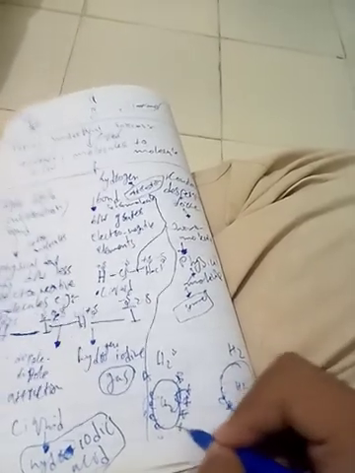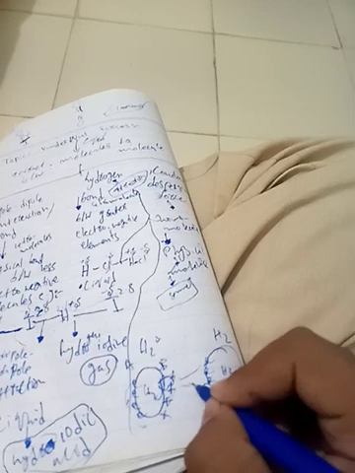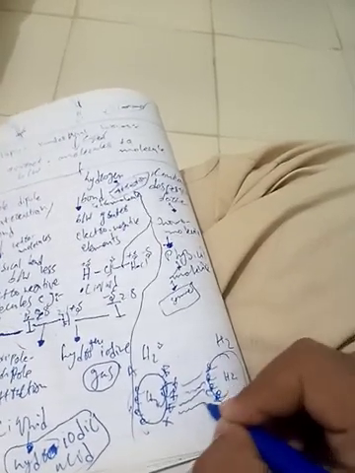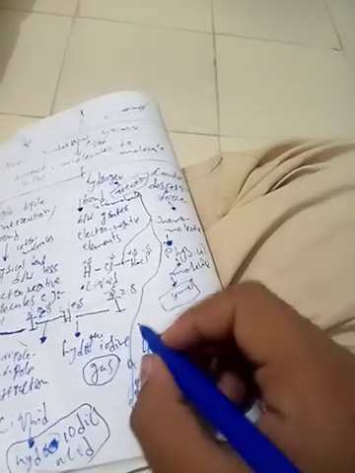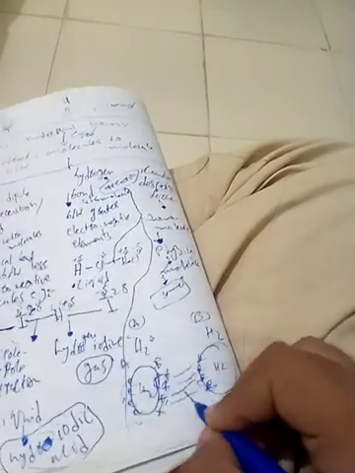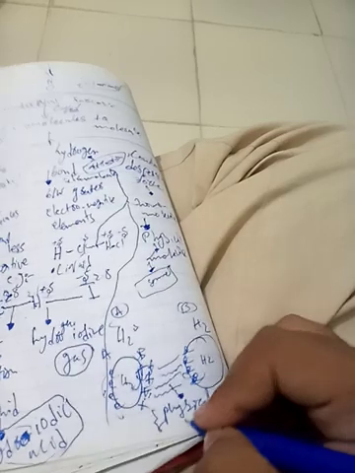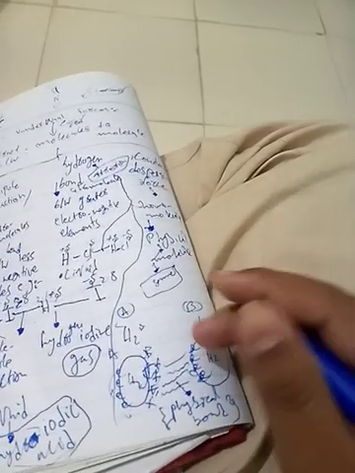So four positive signs will be here, and four electrons here. The positive sign of A hydrogen's protons will attract the electrons of B hydrogen, so there will be a formation of a physical bond. This bond is called the London dispersion bond.